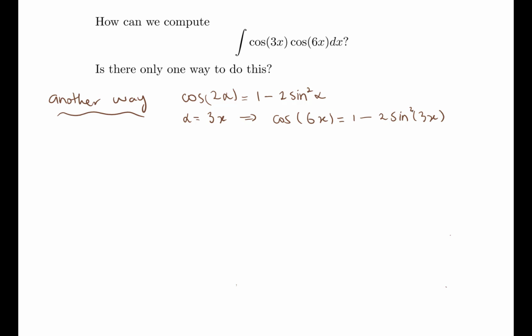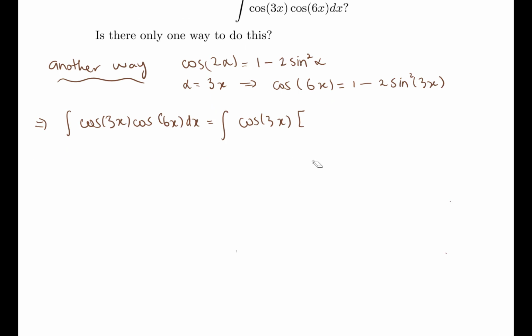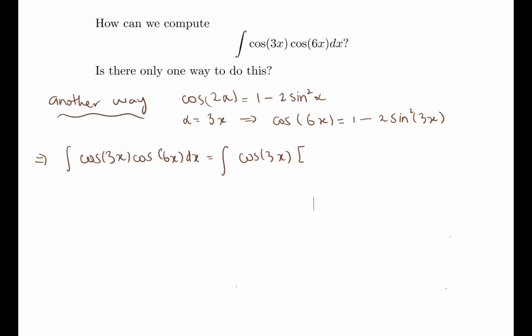That way, the integral of cosine of 3x times cosine of 6x is the same as the integral of cosine of 3x times, here we have a bracket, we insert 1 minus twice the sine squared of 3x, into the integral where we had cosine of 6x.